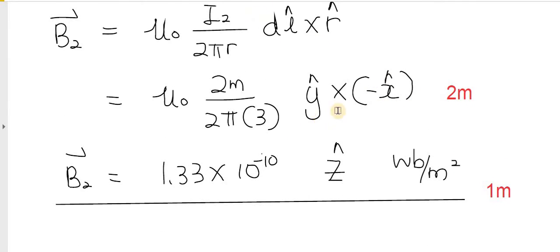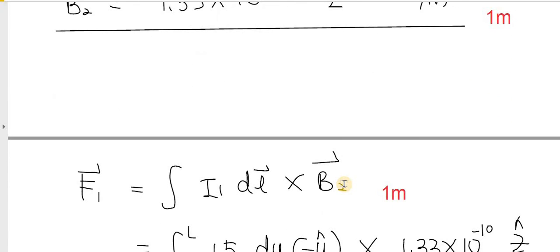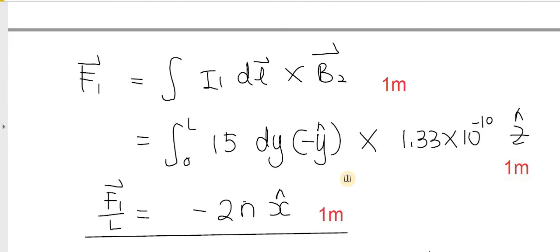The current flows in the positive y direction, and the current I2 is equal to 2 milliampere. So you calculate, and your B2 will be 1.33 times 10 to the power negative 10, in the z direction. You have calculated the magnetic flux density at each position.